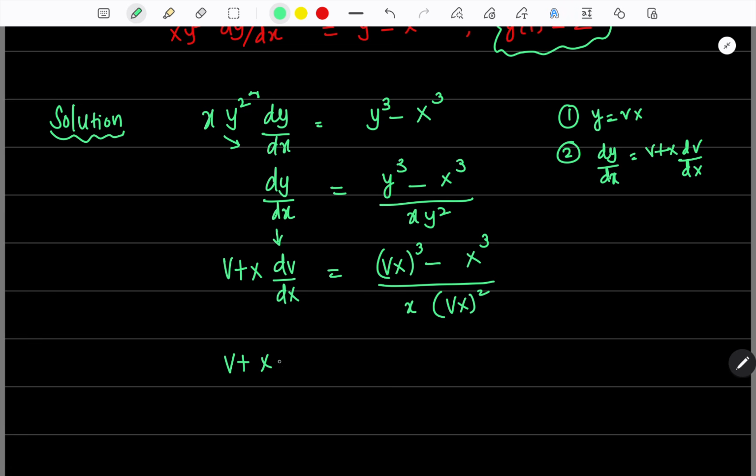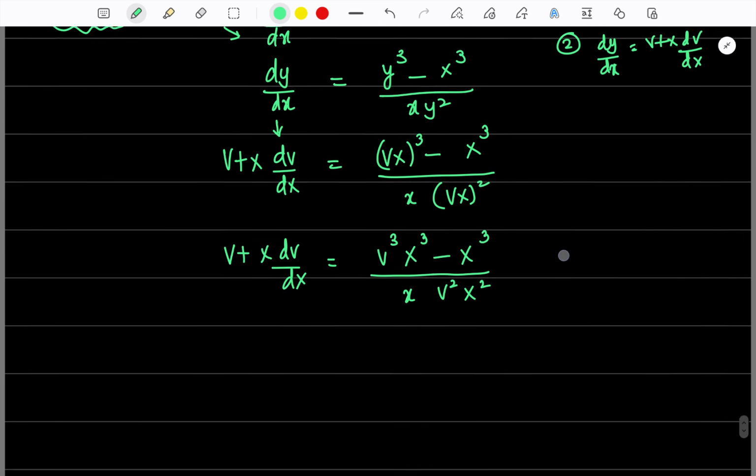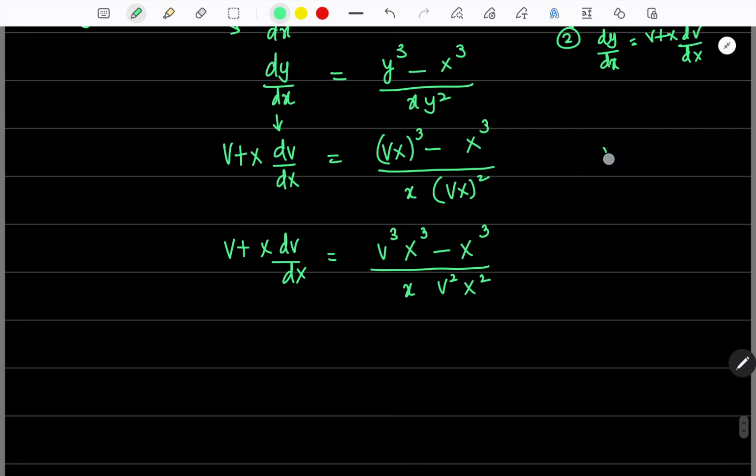So v plus x dv by dx is equal to v cube x cube minus x cube divided by x times v square x square. Because vx the whole cube is v cube x cube, and vx the whole square is v square x square.